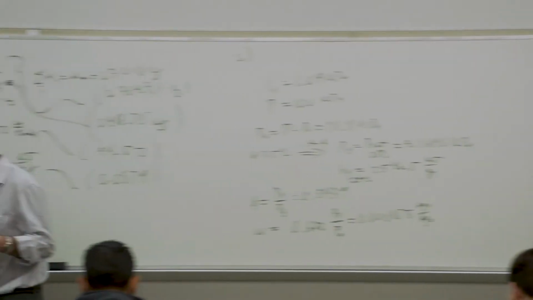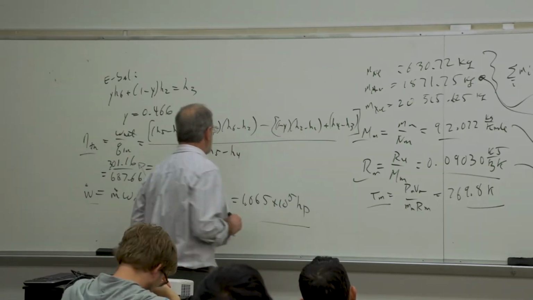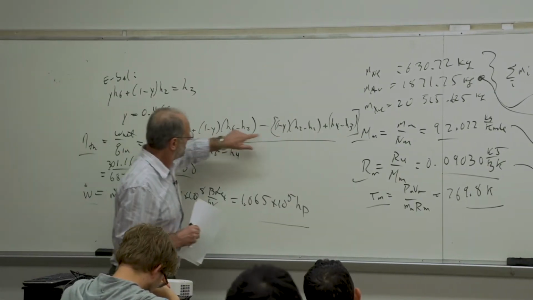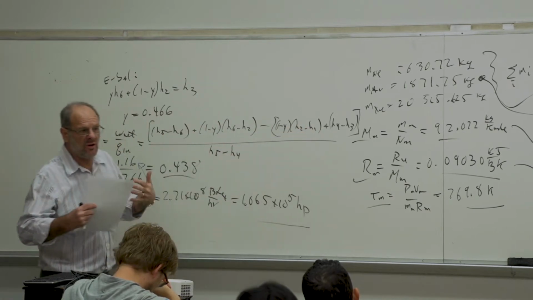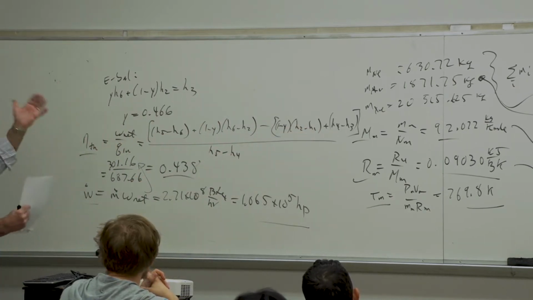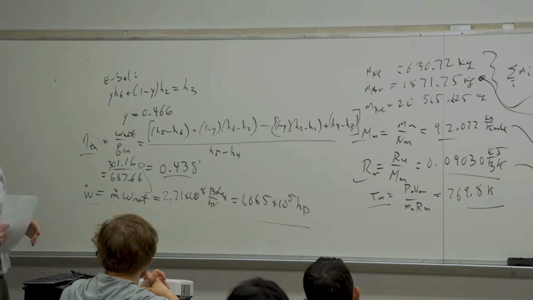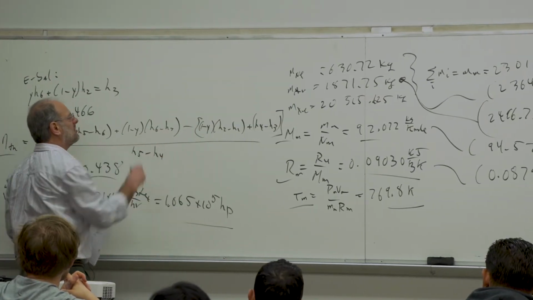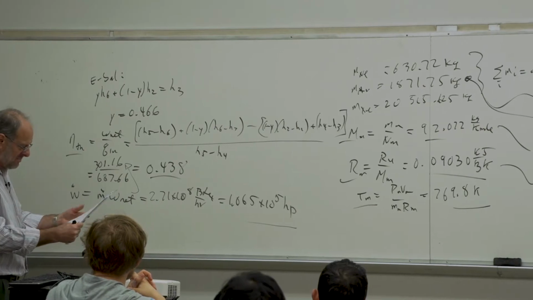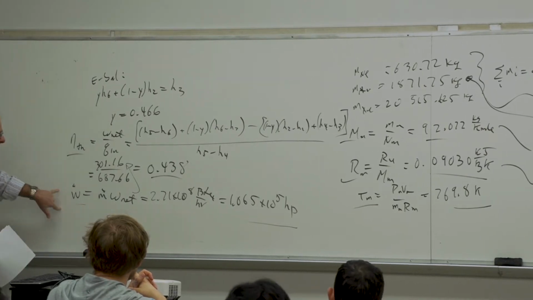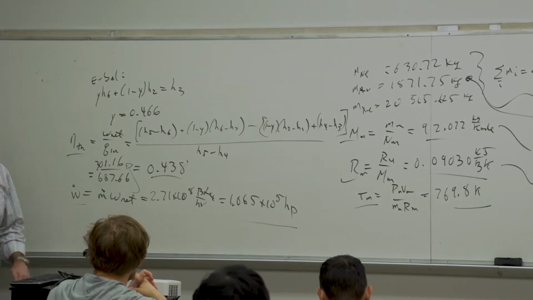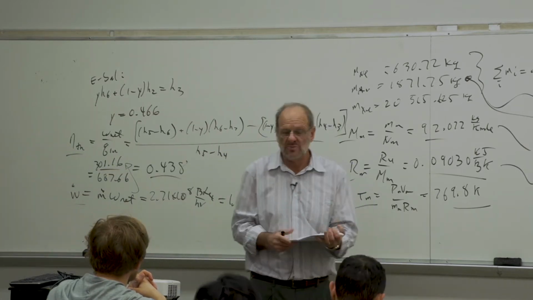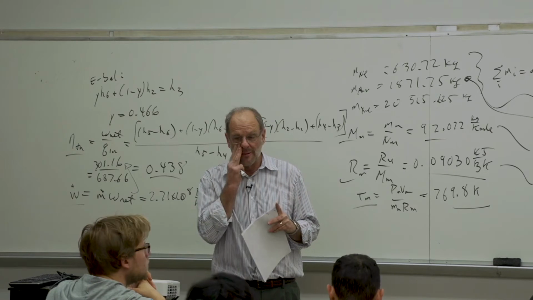I assigned 7 points to the thermal efficiency equation. I mean, there's basically 7 terms. So if you had all the right terms in there, then you would have gotten full credit. If you missed some things like the 1 minus y's, or maybe some of your enthalpies weren't quite right, it could have cost you some points. And then 3 points at the end for calculating the power. So, total of 28. So again, any questions on this particular problem?